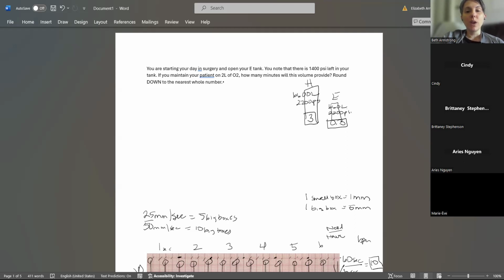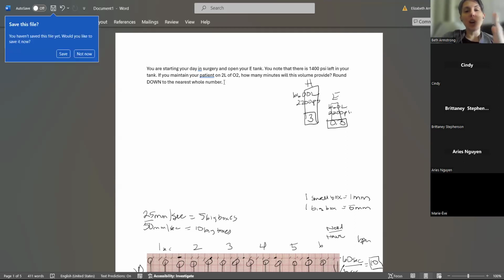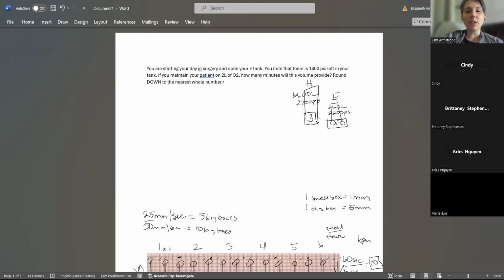So when you do these problems, it's nice to know how much is in the tank when you first start, or the PSI. But if you remember those constants, just like how you remember the cheat method for your percentages, you're in good shape to do this problem. All right.